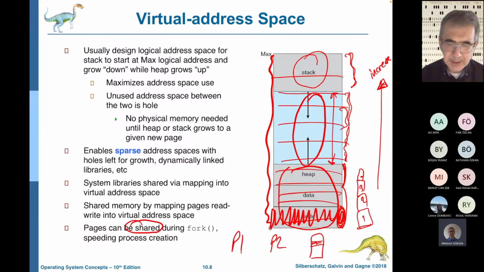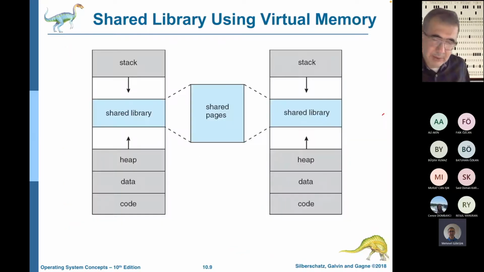One important mistake that students make in exams, in the entry exams, is that when I ask about virtual memory, they give answers about paging.